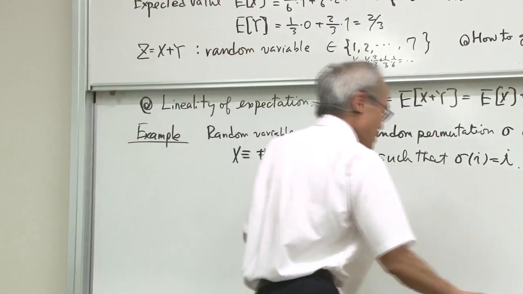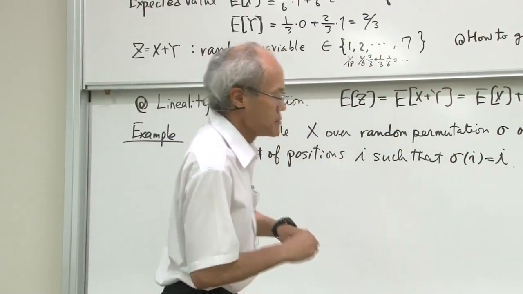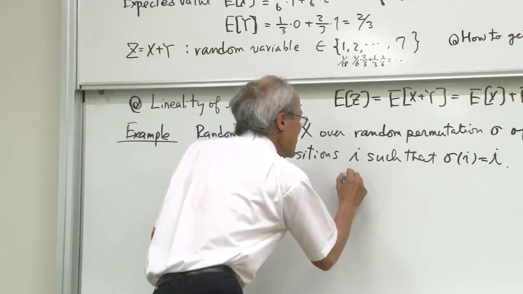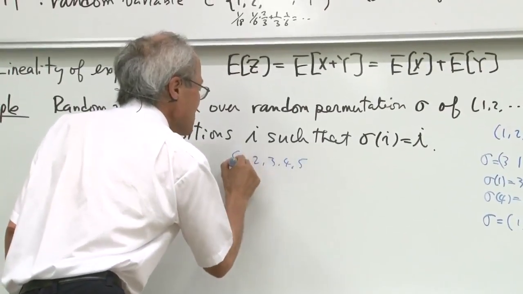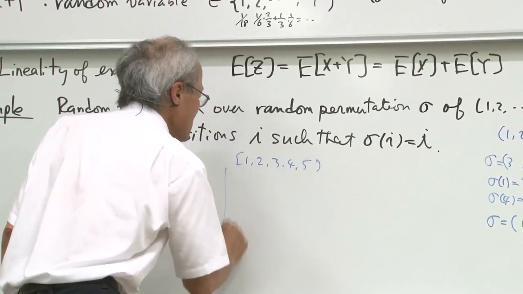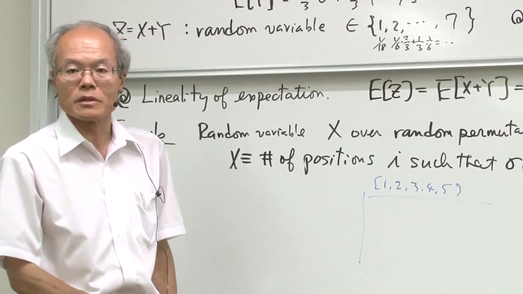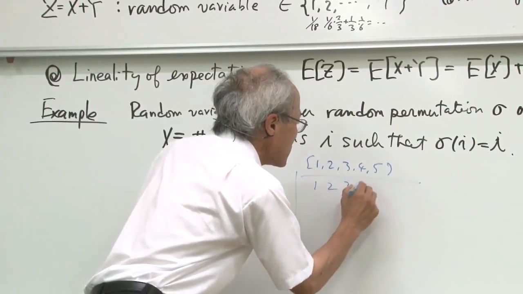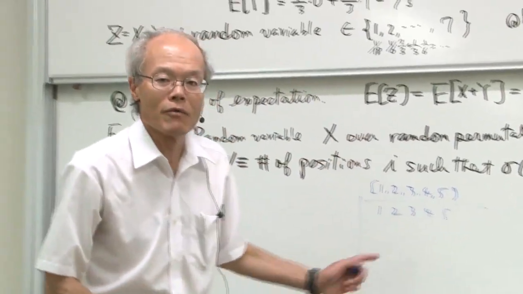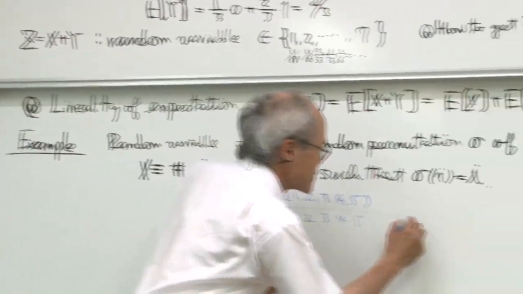So for example, in the case of 1, 2, 3, 4, 5 as the basic numbers, we just write down all the permutations here. For example, 1, 2, 3, 4, 5 is one permutation, and its number is 5.